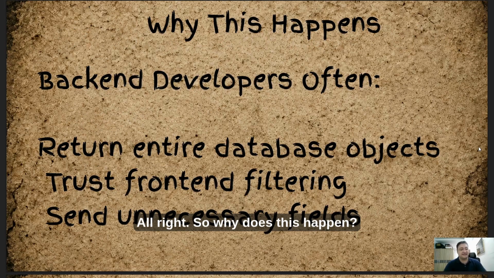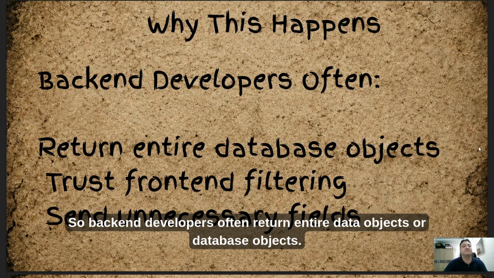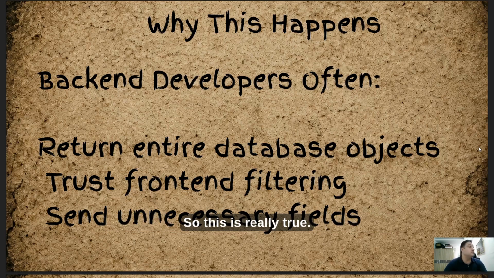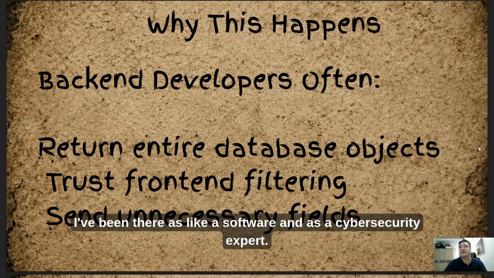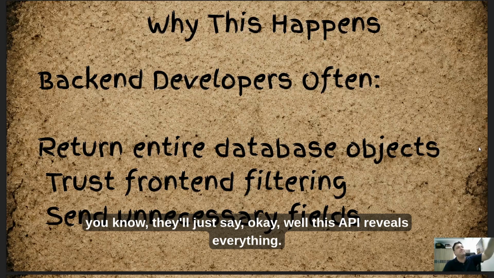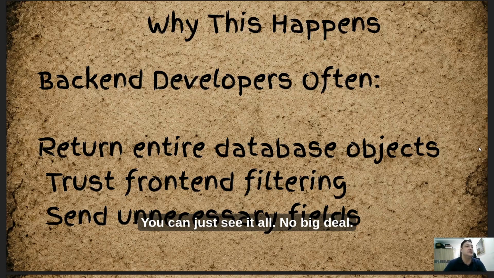All right, so why does this happen? Backend developers often return entire data objects or database objects. They trust the front end filtering, and they send unnecessary fields. This is really true. I've been there as a software developer and as a cybersecurity expert. A lot of times they'll just say, okay, well, the API reveals everything, you can just see it all, no big deal.